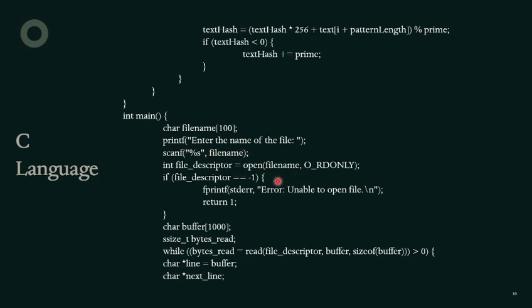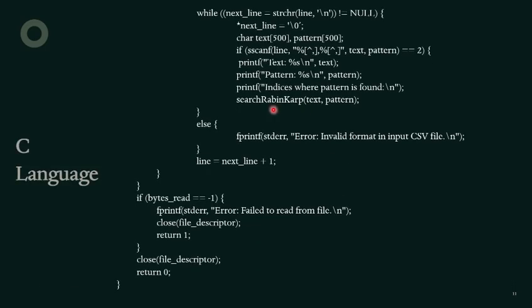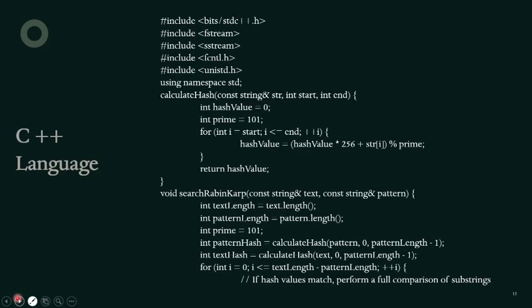Here we are just taking the input from external storage. It's a piece of cake. Here we are calling the function in the main function, and then everything is about the CSV file. We can also see the program in C++ language. The same thing goes here.